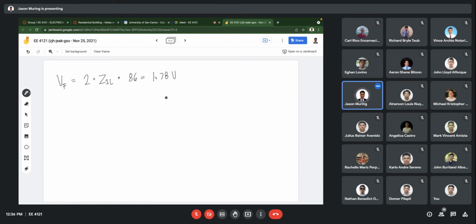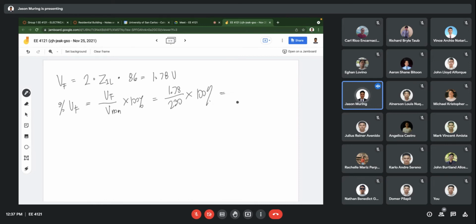Then in terms of percentage, since our nominal voltage is 230, percent VD is equal to 1.78 divided by 230 times 100%.